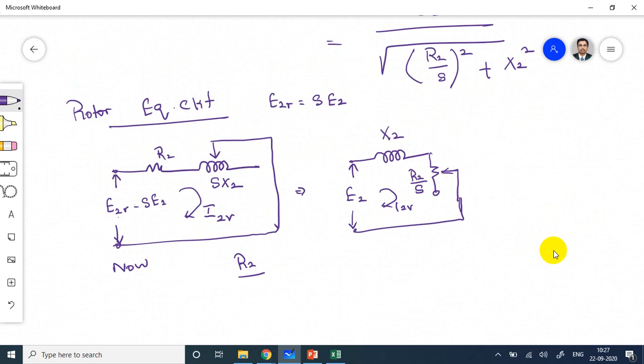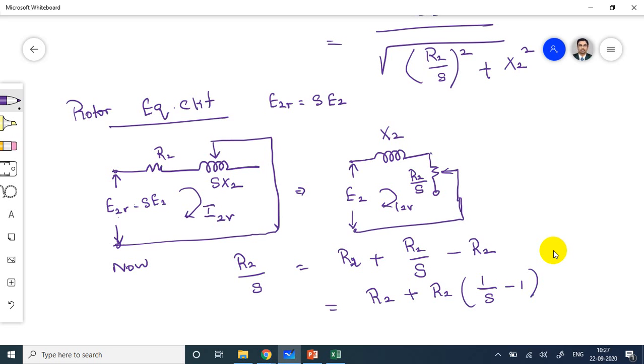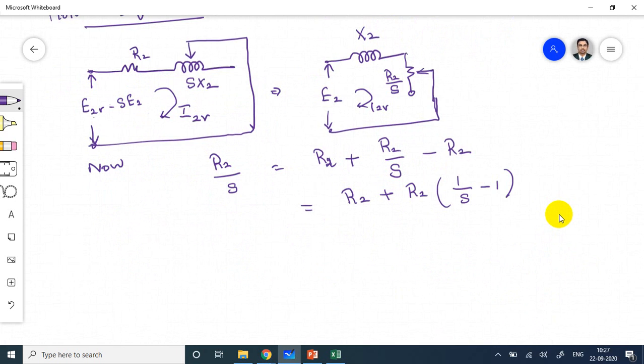Now R2 by S we can write it as R2 plus R2 by S minus R2. So R2 plus, take R2 separately, 1 by S minus 1. So we will get R2 plus R2 into (1 minus S) by S.